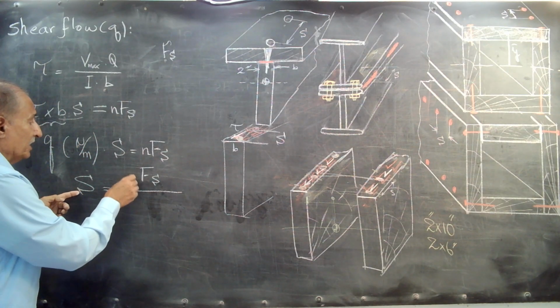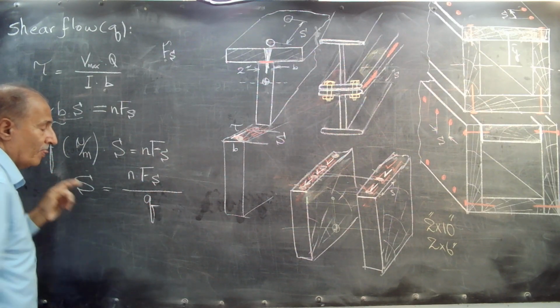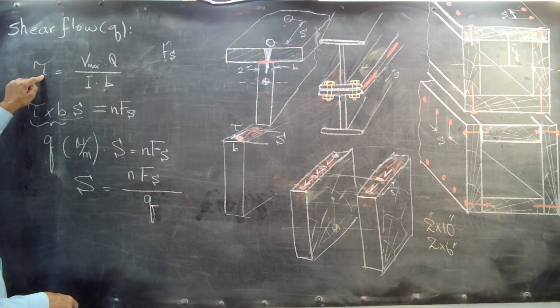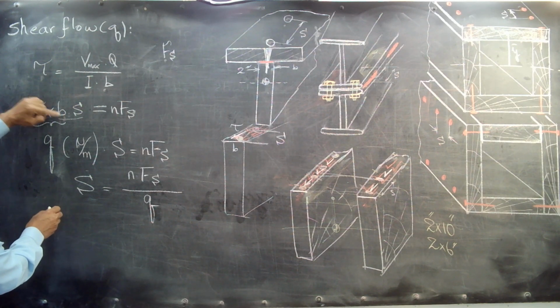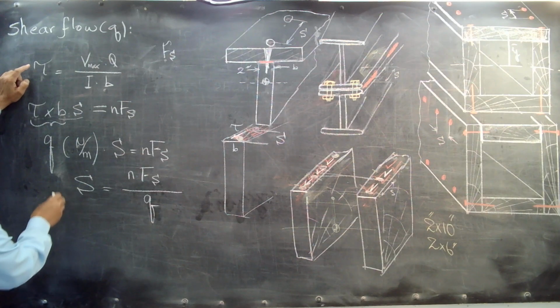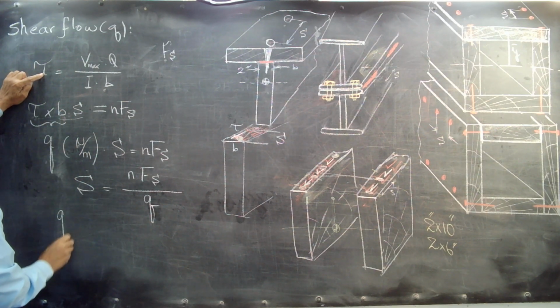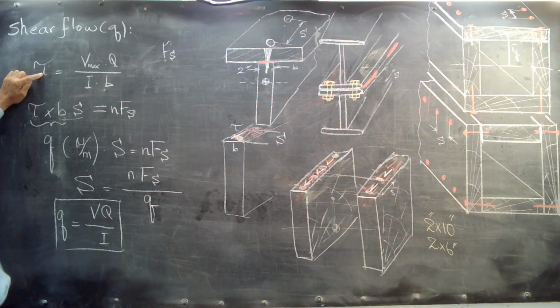Then, NFs divided by S equals q. This q is what? This is tau times B. I multiply it by S on both sides, or I multiply it by B, then q is equal to VQ over I in general.